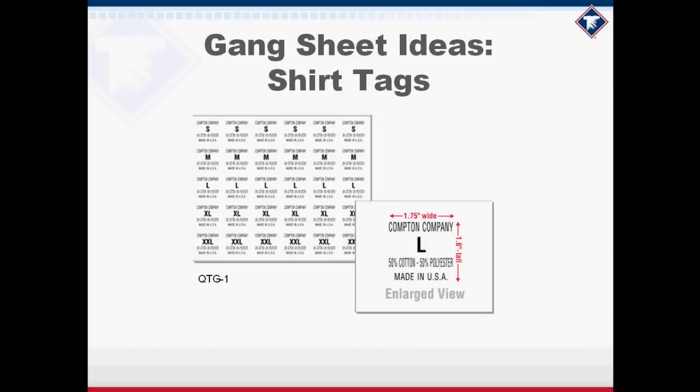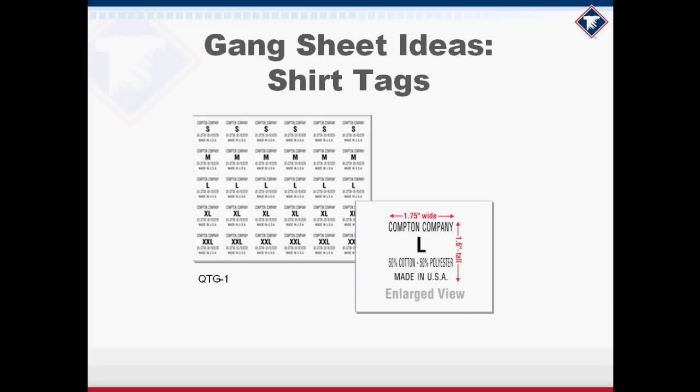Now, this is a super popular concept, and I think we started to see this probably about 2 or 3 years ago is when it really started to get hardcore and people were practicing this more often. But T-shirt tags. These days you can buy tagless shirts from just about anywhere out there. And T-shirt tags are a great way of advertising your business. I mean, there's no reason that Hanes and Fruit of the Loom should get all the credit, right?